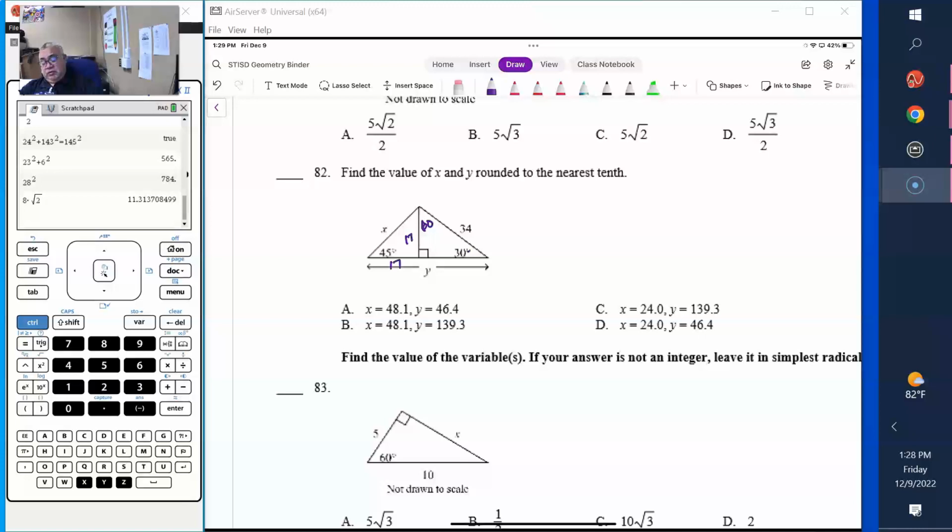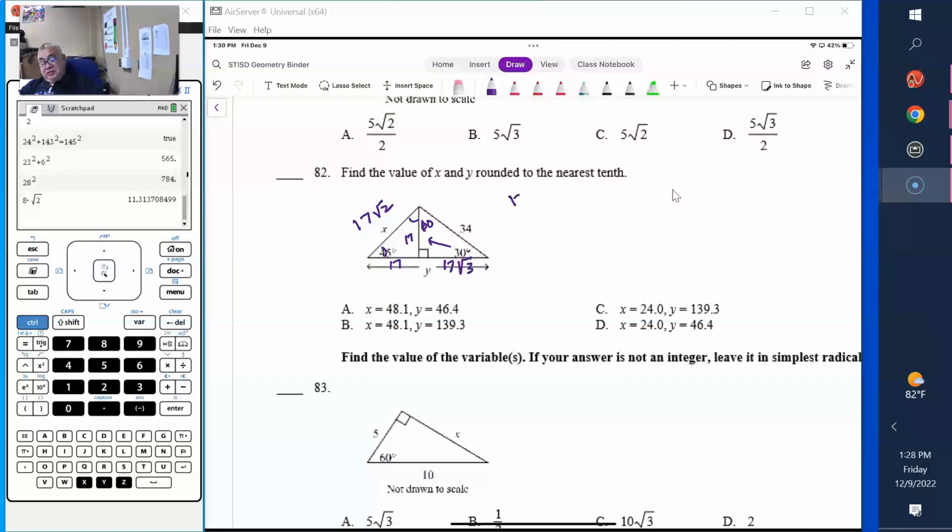You remember that across the 30 is the shortest side. So that's going to be 17. And this is a 45, 45 right triangle. So this is 17 square root of 2. This will be 17 square root of 3.